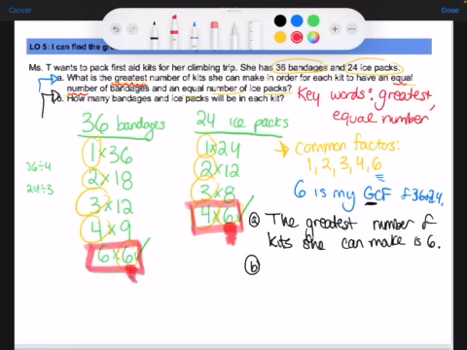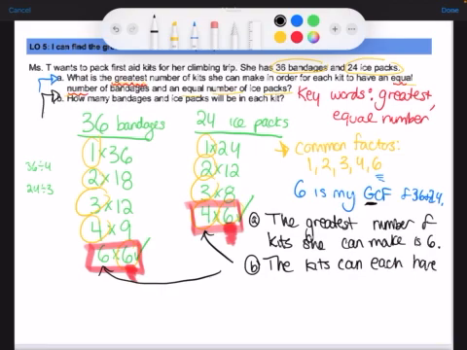The answer to B is going to use both of those other factor pairs of the 6. So the kits can each have, and here we're talking about bandages, so the other number there is 6, so they can each have 6 bandages. And they can have, here's our ice packs, they can each have 4 ice packs.